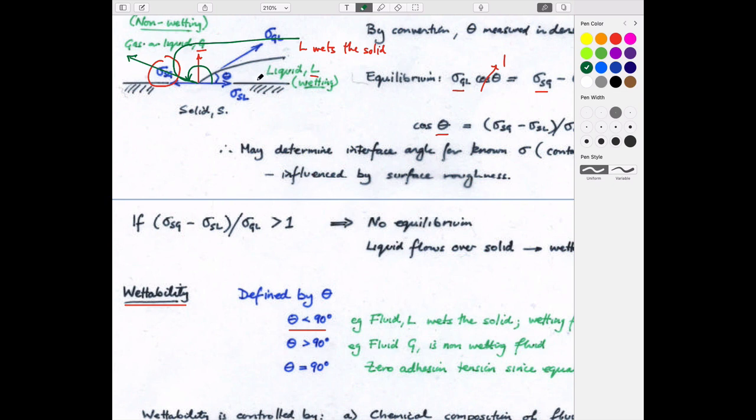This is a substrate, quartz if you like, or glass, that is hydrophilic. It loves water, and therefore it allows it to spread across it. This green one is hydrophobic. The solid abhors this fluid, and therefore it's hydrophobic. And the terminology that we give these are a wetting fluid, and this is non-wetting.